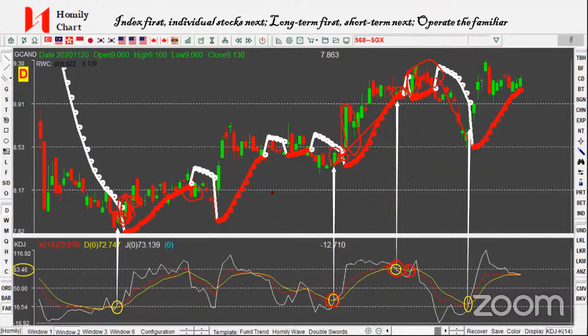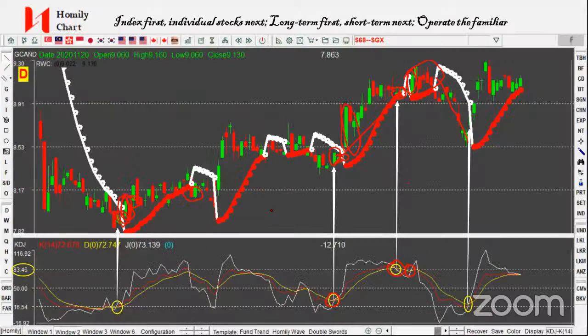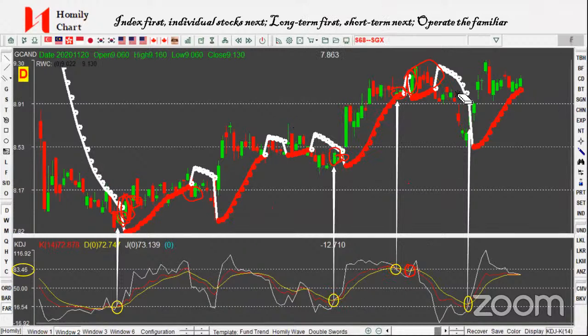Then the other question you might ask me is, how do we know that it's a volatile market? So how do we know it's volatile? Let me erase all the drawings.